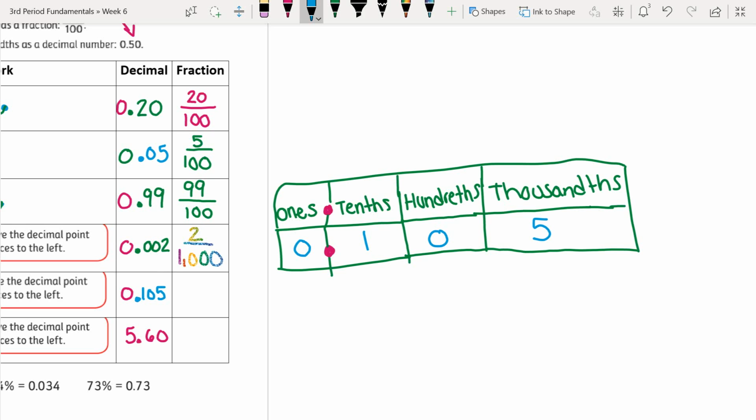So let's see, all my numbers go all the way into this table in the thousandths spot again. So I just take the real numbers, this 105, and that goes on the top part of my fraction. Over, because I ended in a thousandths spot again, the bottom of my fraction, or my denominator, will also be 1,000.